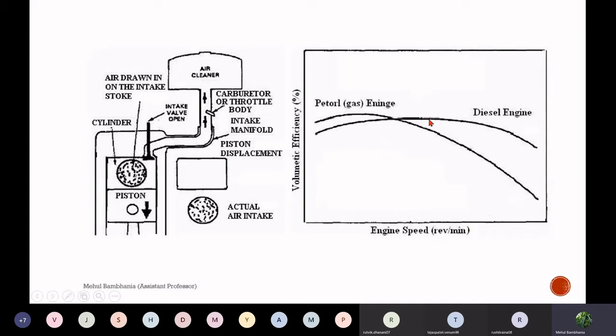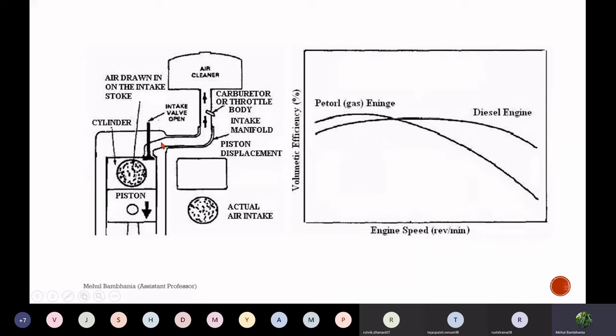However, in the diesel engine, volumetric efficiency is not altered that much with respect to engine speed. The reason is that the mechanism of sucking the charge is very different. In the petrol engine, the charge is a mixture of petrol and air. But in the case of diesel, it is only air.